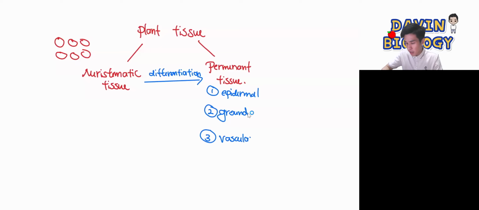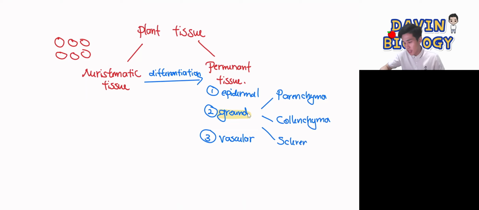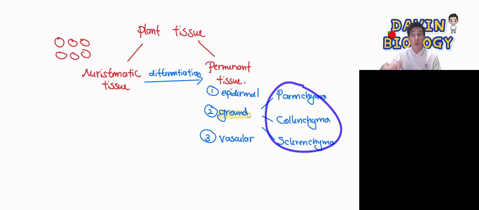In Chapter 1, more often they like to ask about ground, which is involved mainly in support. So I usually remember like this: parenchyma, collenchyma, sclerenchyma. Now, this one I won't explain here. Later when we do questions, I will mention more about it, don't worry.